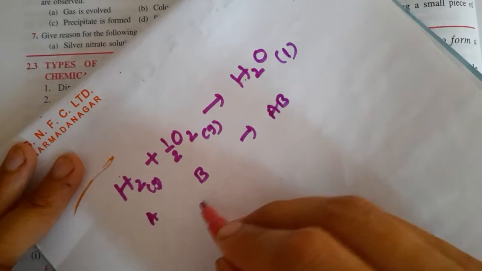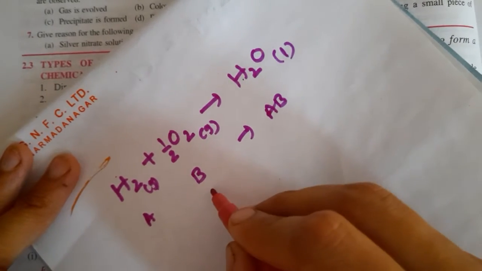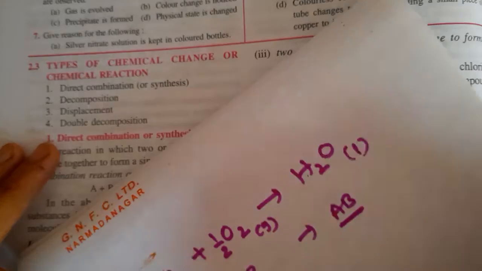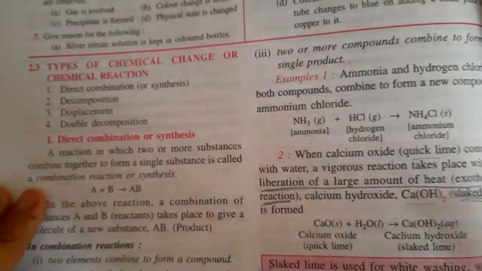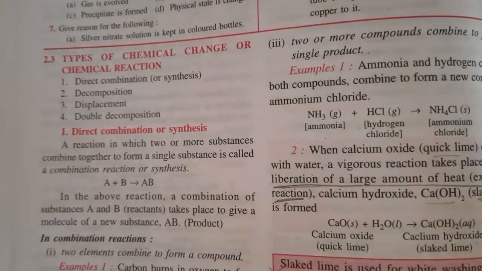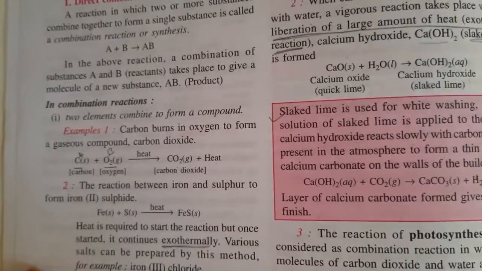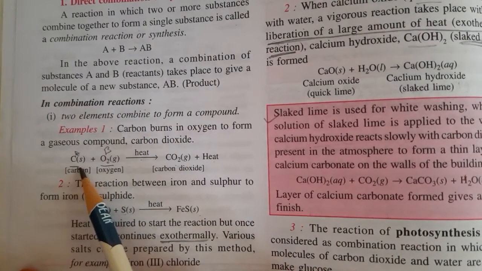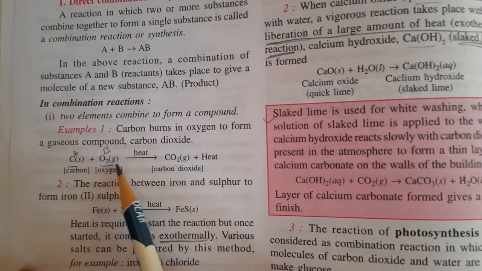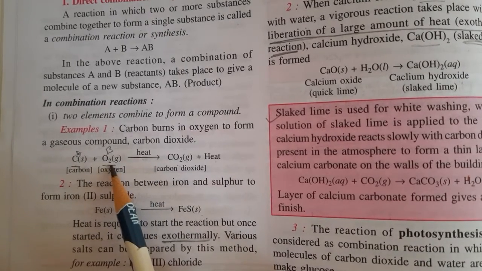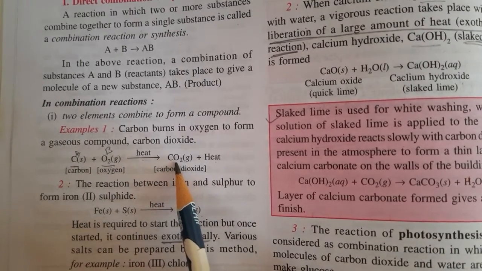So 2 or more compounds react together and form a single product, which is called a direct combination reaction. Some examples are given. Example number 1: when carbon burns in the presence of oxygen, it converts into carbon dioxide.